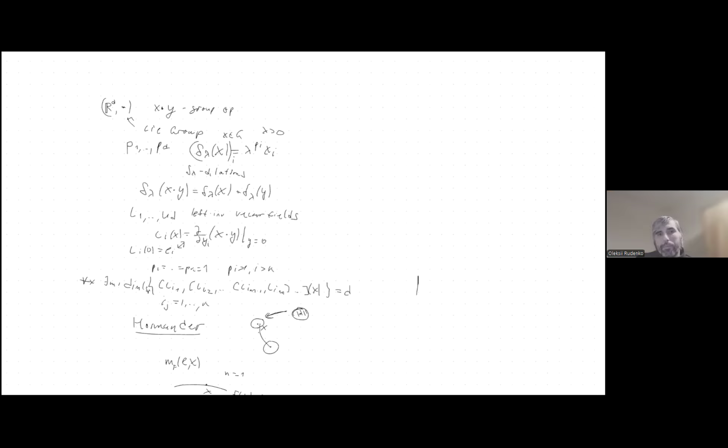codimensions of some curves, and sometimes it can be different, I believe. Yeah, for curves, sometimes the tangent vector will coincide with one of these L1, L2, and then the codimension will be 3.